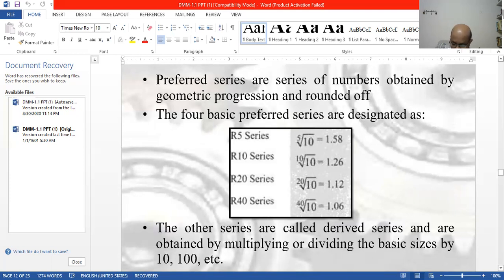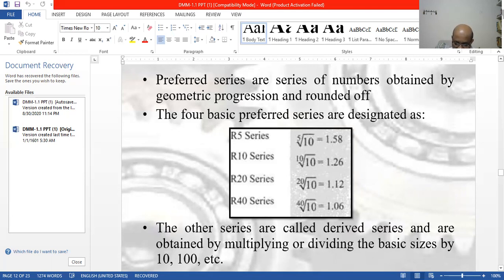Some terms will be there: nominal size, basic size, actual size, limit sizes, allowance, and tolerance. So we will see tolerance.